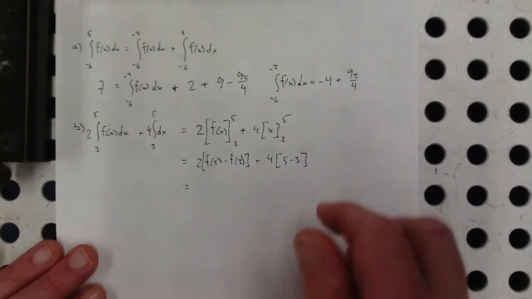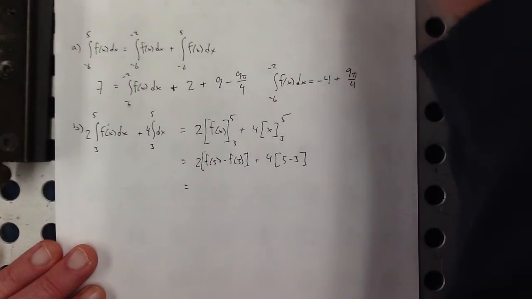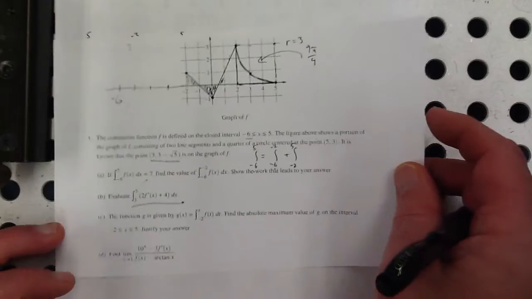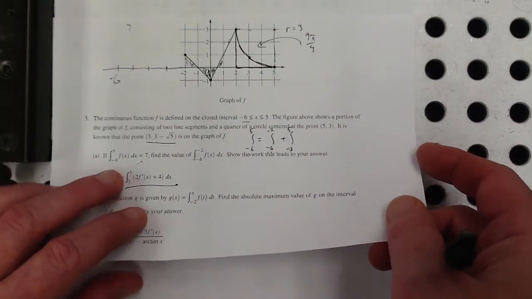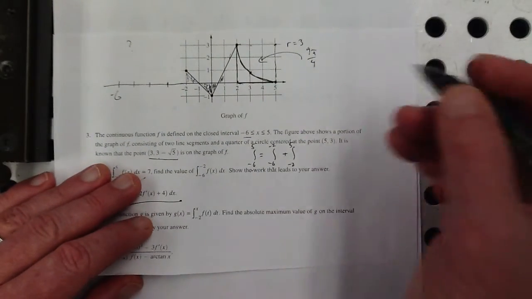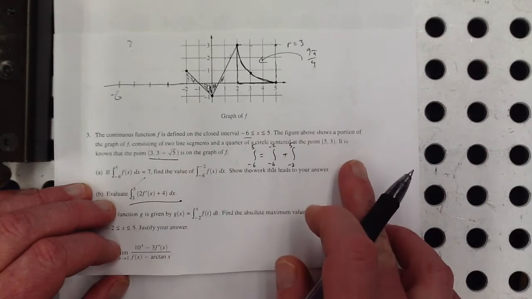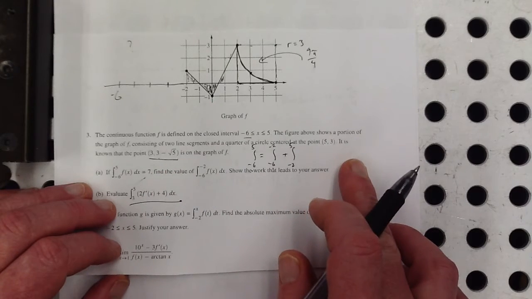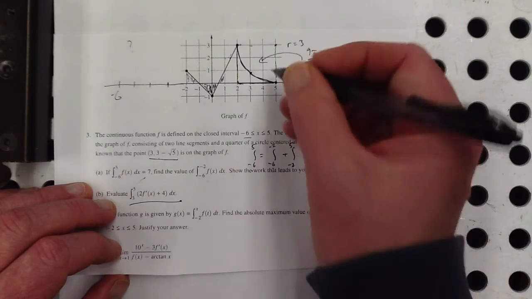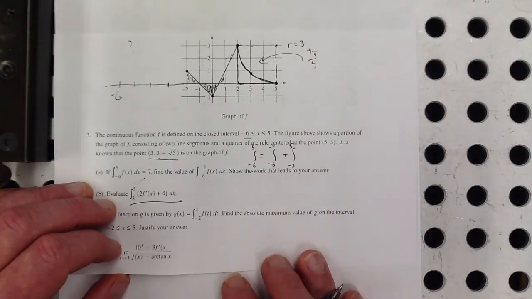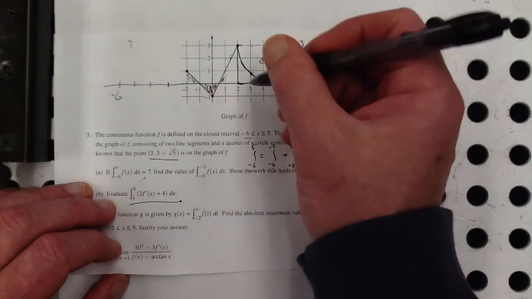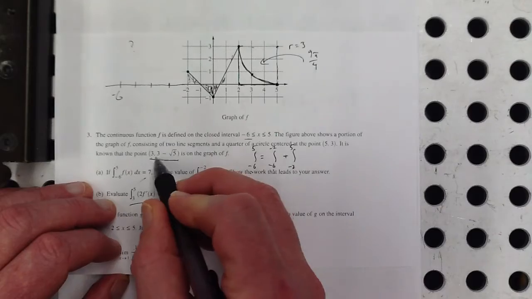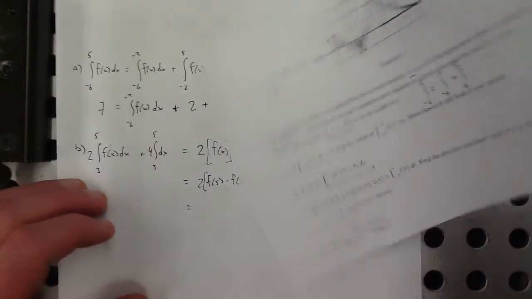F of 5 is 0, and f of 3 is 3 minus the square root of 5.